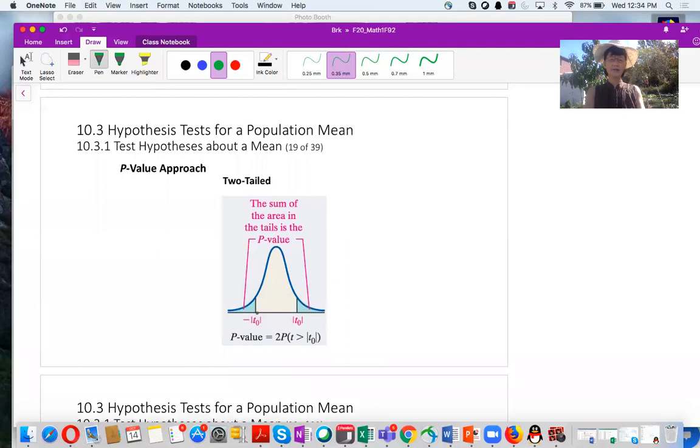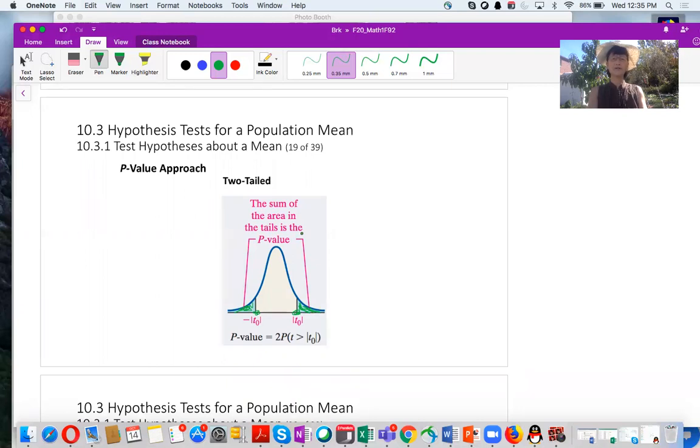If you have a two-tailed test and this is the test statistic, what is the p-value? The p-value is the area corresponding to the test statistic. So this right tail area plus this left tail area, that is the p-value.